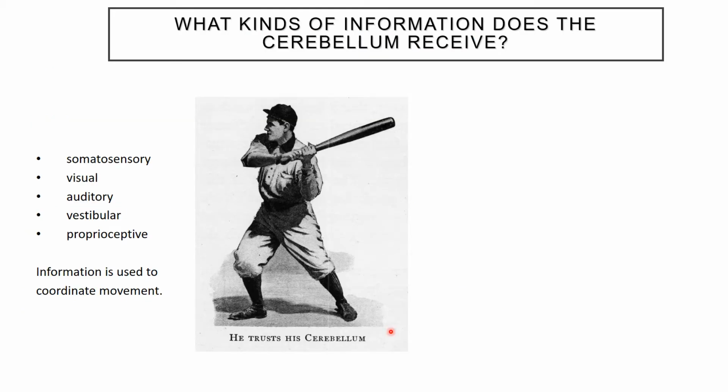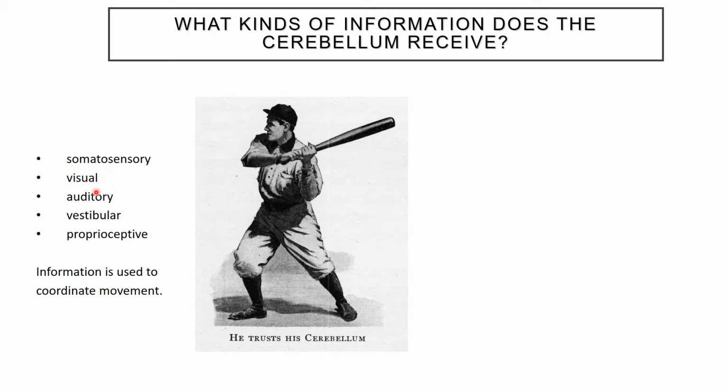So what kind of information does the cerebellum receive? This is from a very old textbook showing that, and I've talked about how swinging a baseball bat is critically dependent upon the basal ganglia. Baseball bat is also a great way of seeing and observing that the cerebellum plays a critical role as well, because the input to the cerebellum is quite extraordinary. It's quite a range. It receives somatosensory input, proprioception.